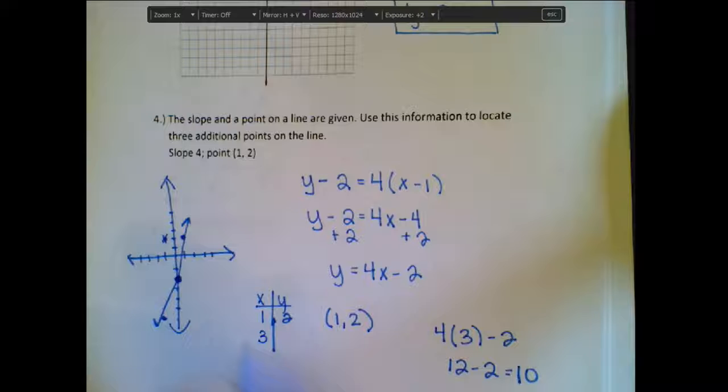Example 6. Find the equation of the line L. So I'm looking for this line right here. Parallel. If I know that it's parallel to 2x, I know that they have the exact same slope, just a different y-intercept. Okay.